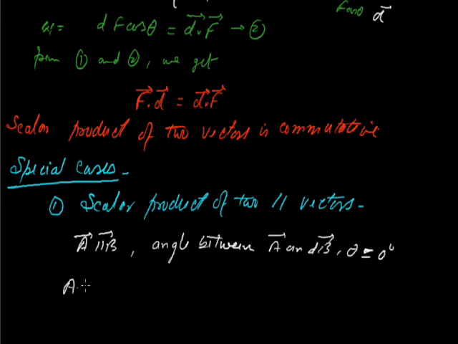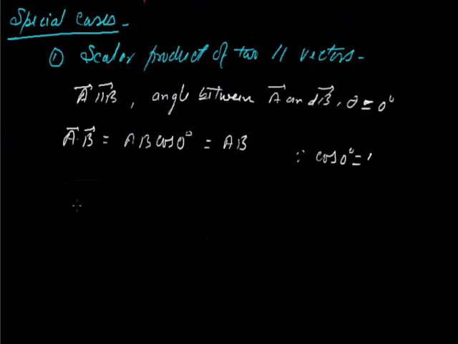So A dot B is AB cos of 0, which is only AB because cos of 0 is 1. For example, A dot A will be A square, B dot B is B square and so on.